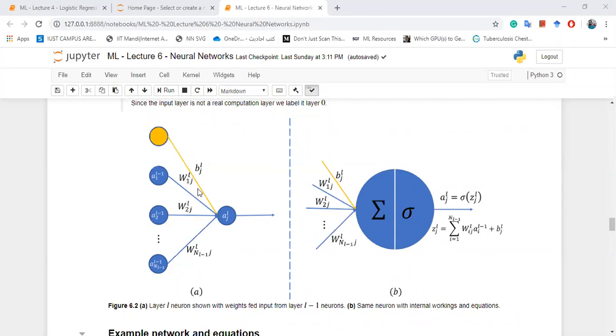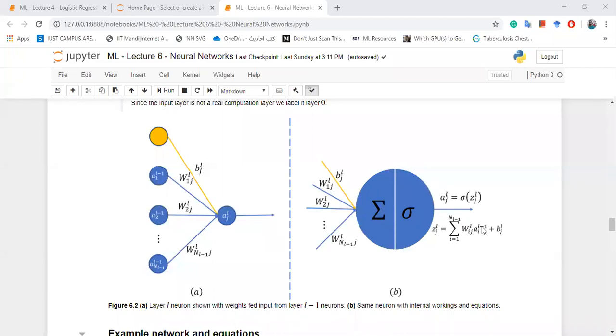Finally, we also have a bias term here. Here we have shown the operation of a particular neuron. It takes all of these inputs and sums them up, where I goes from 1 to n_{L-1}, that means all the neurons in the previous layer. You associate a weight to the inputs from the previous layer; these are the outputs from the previous layer, and they act as inputs of this neuron.